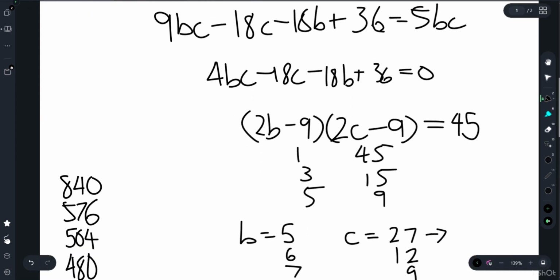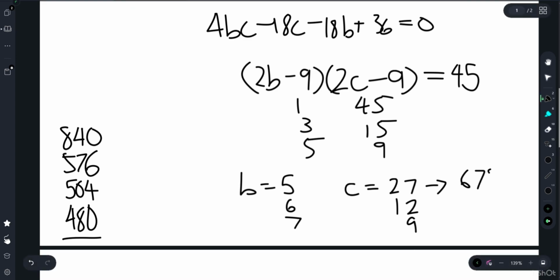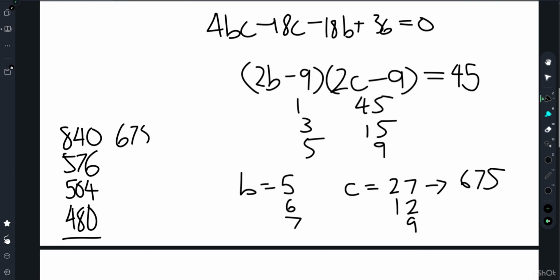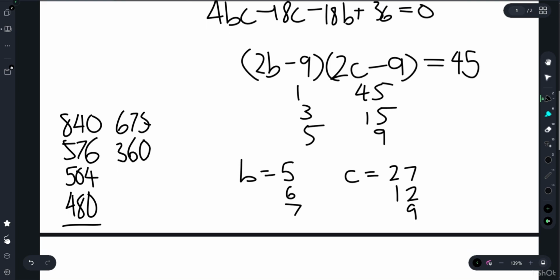Since A is equal to 5, what's 27 times 5? 135. What's 135 times 5? 675. Now 6 times 12 times 5 is just going to be 360. And 7 times 9, 63, times 5 is going to be 315.